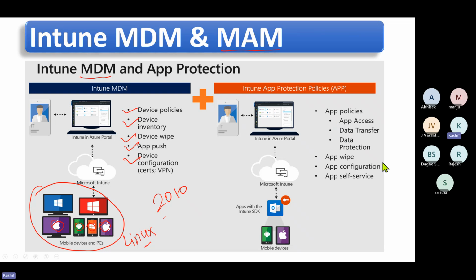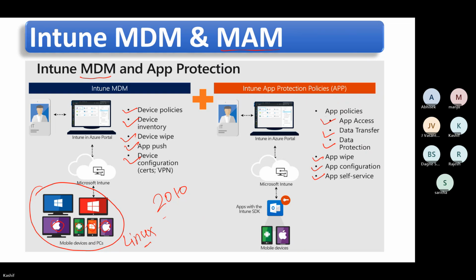You can deploy application policies, application access policy, data transfer policy, data protection, app wipe, application configuration, app self-service. There are various things which you can do on mobile applications and mobile devices. So these are the core features of Intune to manage mobile devices and mobile applications.